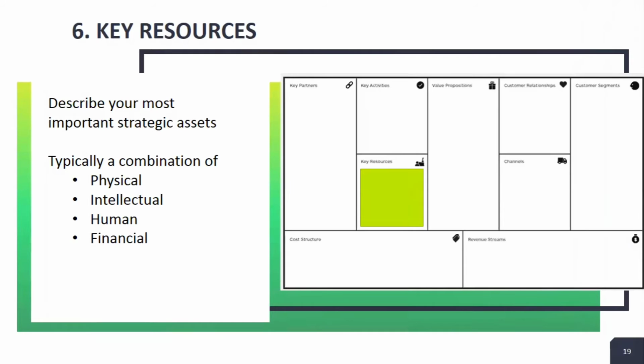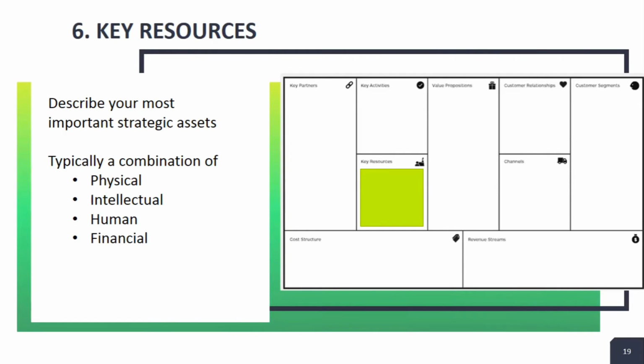Key resources. Describe your most important strategic assets. This is where you list down which key resources or the main inputs you need to carry out your key activities in order to create your value proposition.